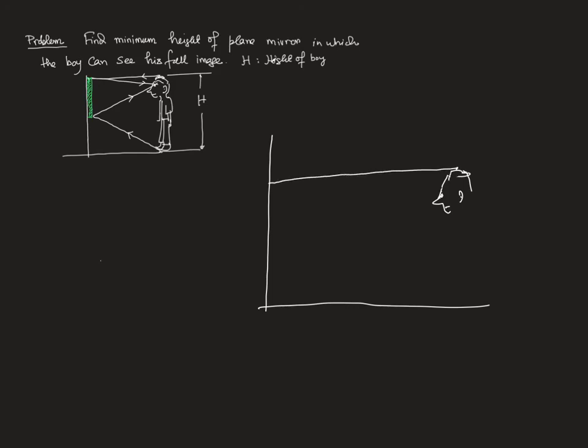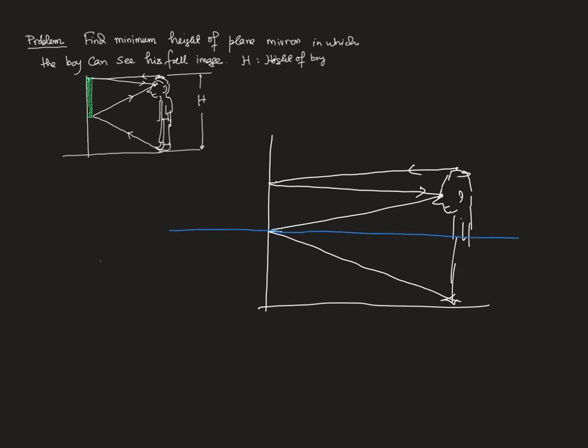This light ray and this light, and from his feet these are the light. If you make this construction, minimum height of the mirror is this one, just the required height of the mirror, so that he can see his full image.